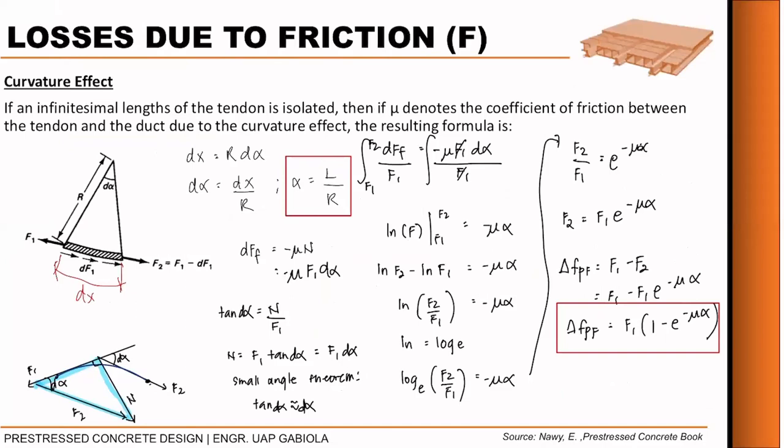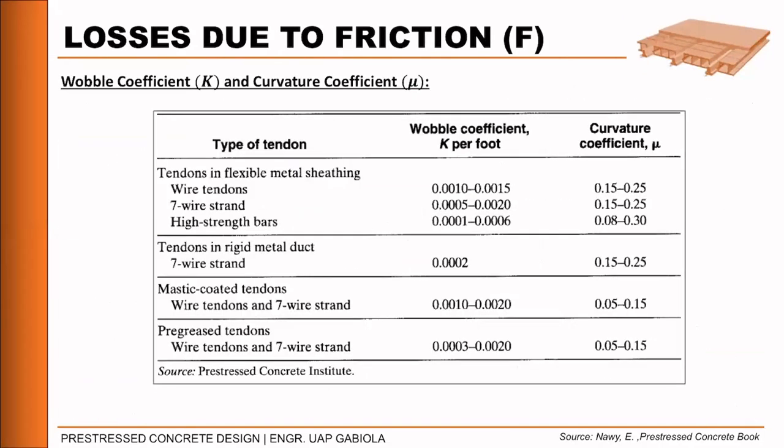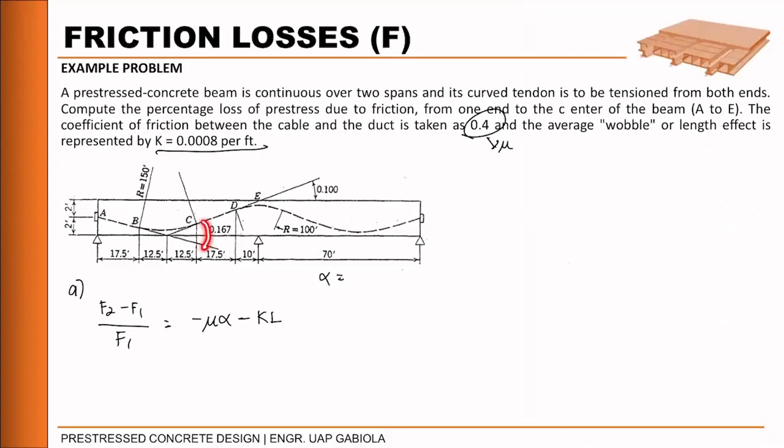Pero kung titingnan nyo dito sa given natin, sa figure natin, ito yung alpha na yon, kung dalawang to. Okay? So, ibig sabihin, pwede nating pagsamahin na lang tong dalawang to as estimation. Okay. Para dun sa alpha natin. And then yung length natin is from point A hanggang point E.